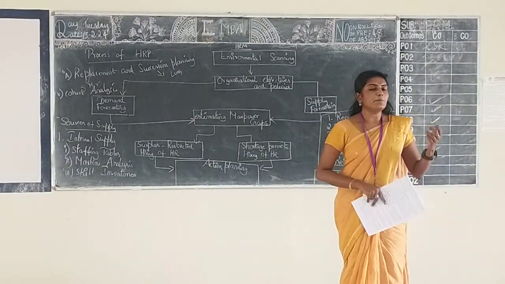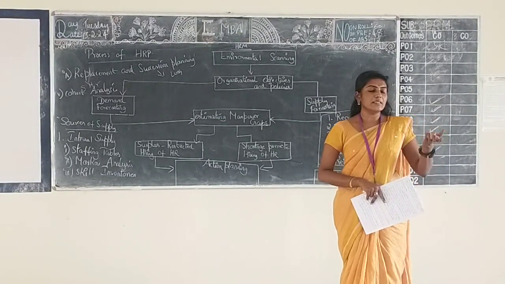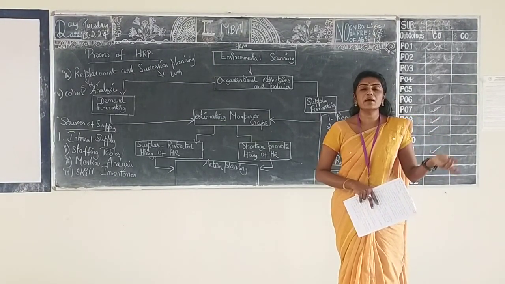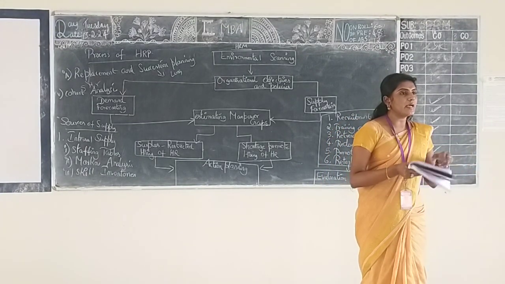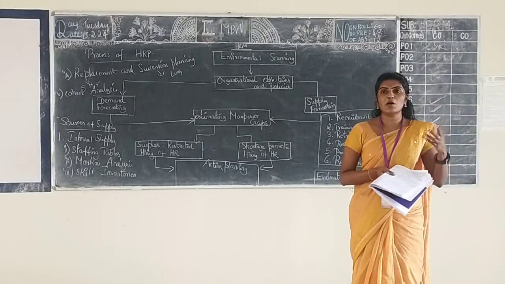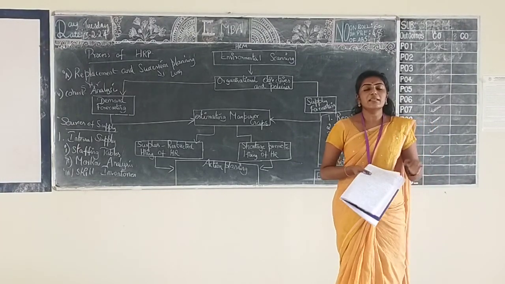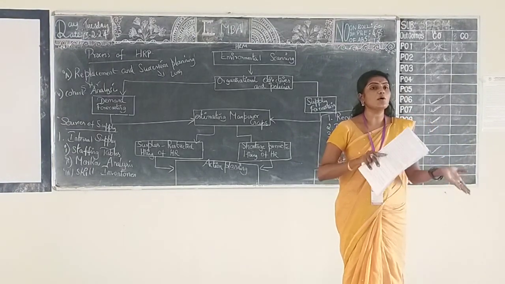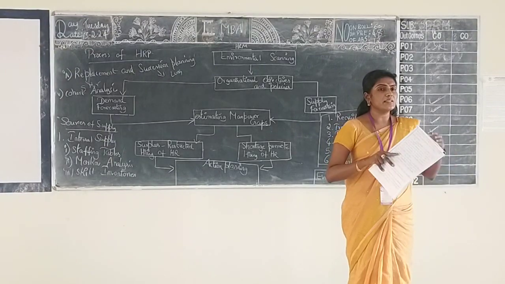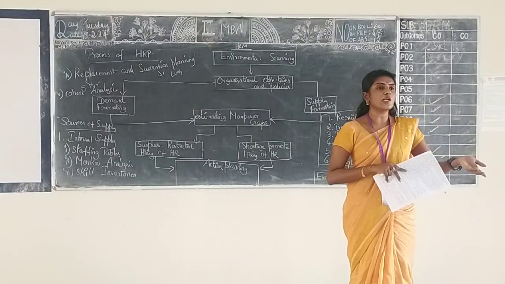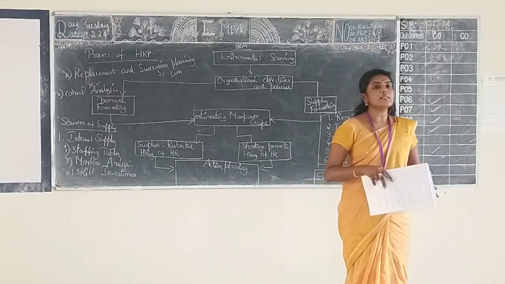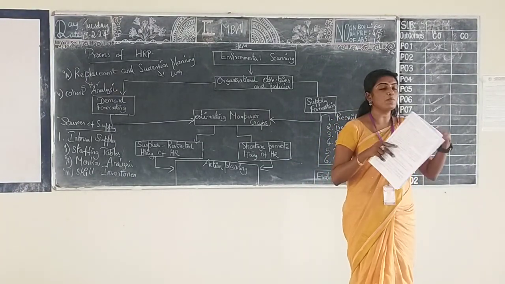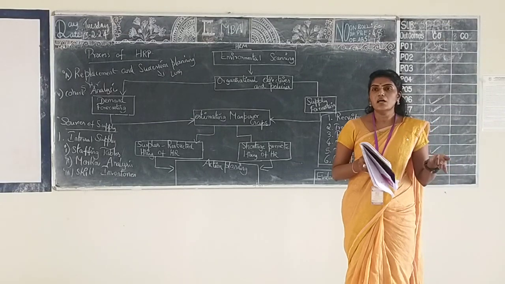So sometimes the organizations recruit the employees from external sources. This external supply also varies from one company to another company, one industry to another industry, or from one location to another location.